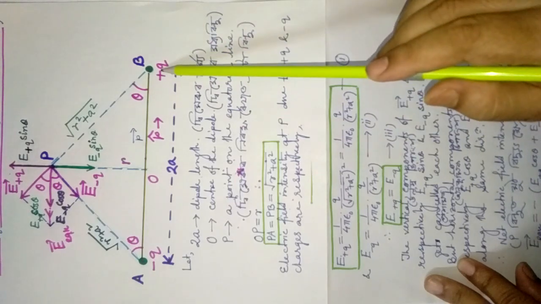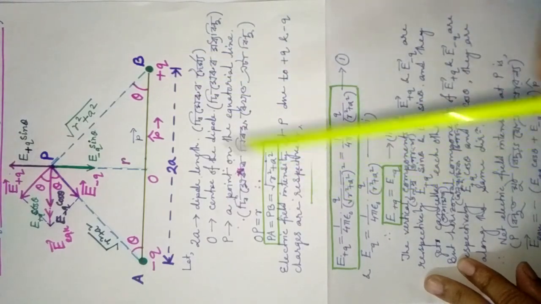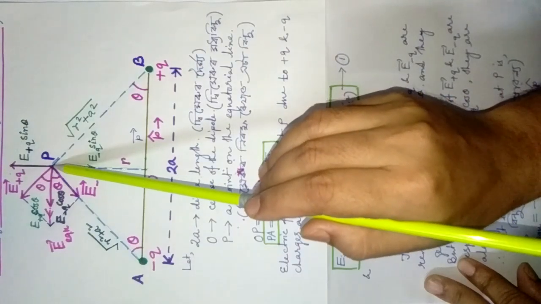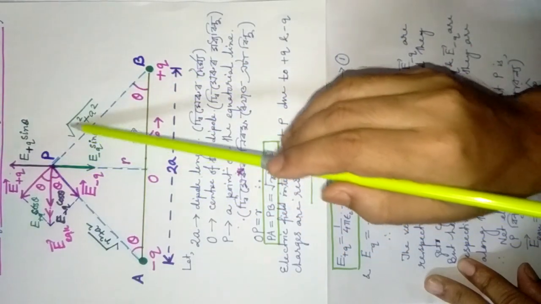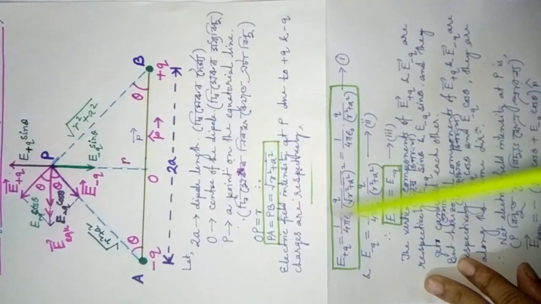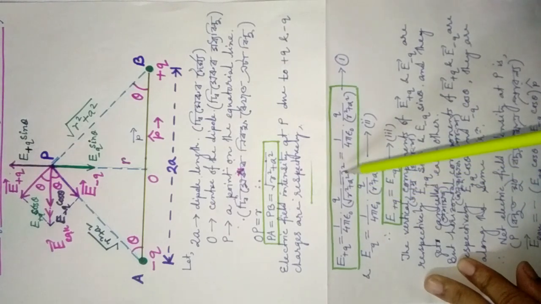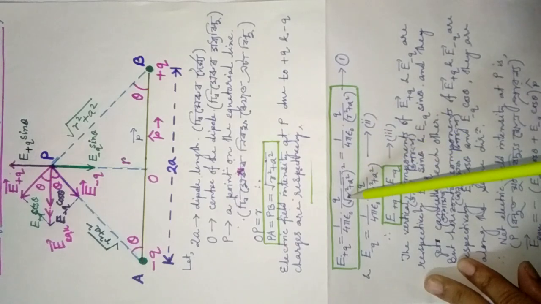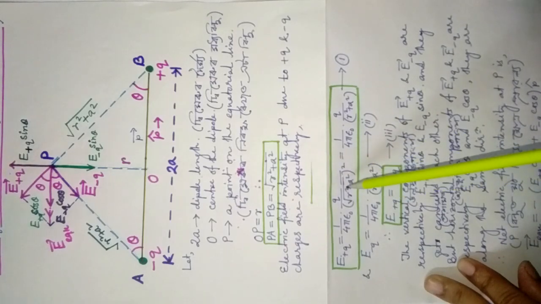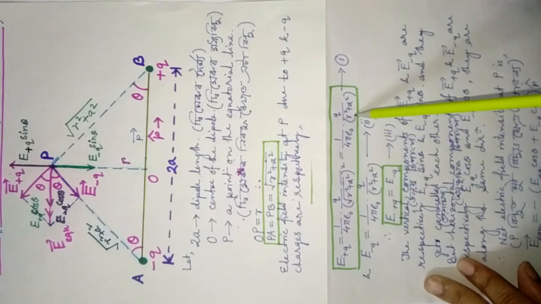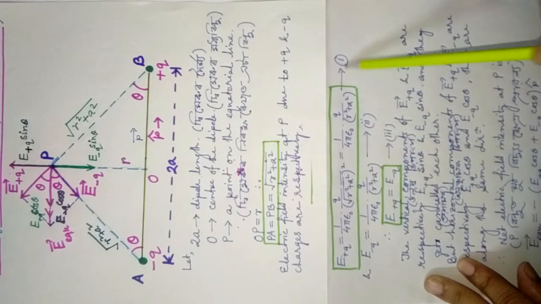But here, since this is plus q, r square means the distance between P and B. This is root over r square plus a square. That is why instead of r square you have to write the distance, root over r square plus a square, whole square. Now this root will be cancelled. That's why you will get q by r square plus a square. This is equation number 1.